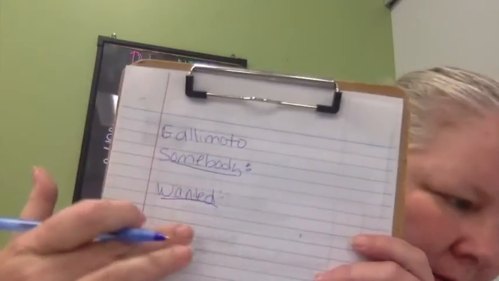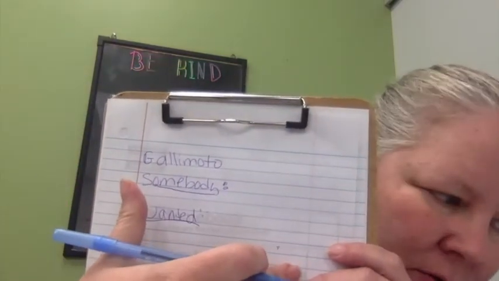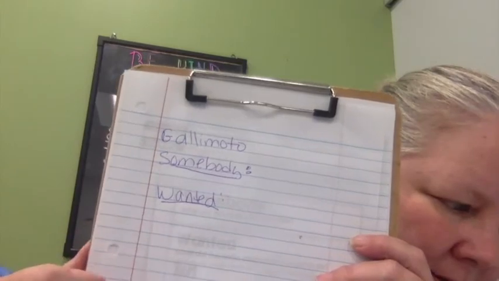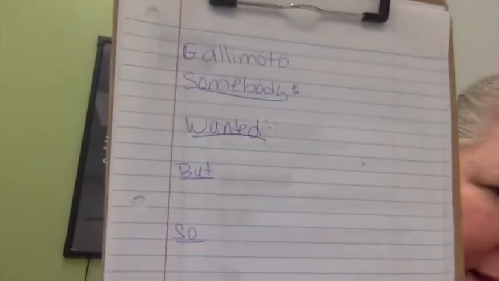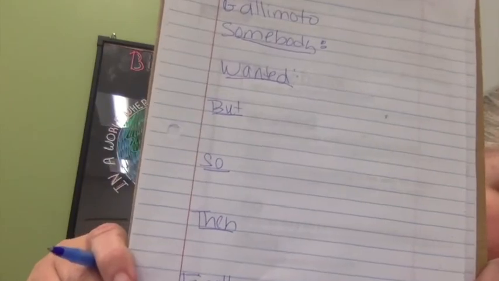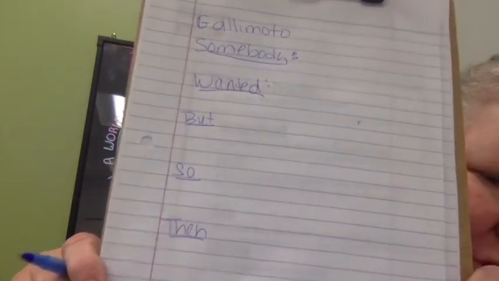And then next you're going to want to write wanted on your paper. And then you're going to write what the main character did. And then the but, so, then, finally. So you're going to have enough room for everything. I'm trying to spread it out just a little bit for us. So it looks something like this. All right? And so that's what yours is going to look like.